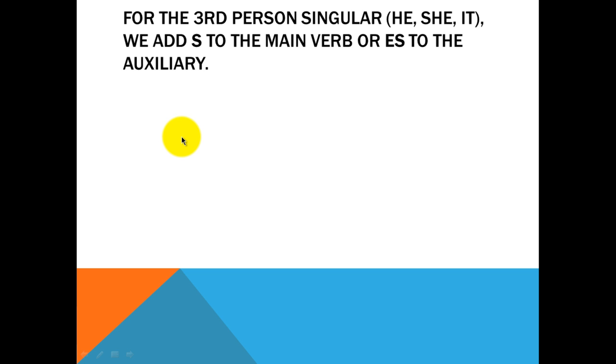For the third person singular, he, she, it, we add s to the main verb or es to the auxiliary. So let's look at some rules. A, we're going to add s for most verbs. So work becomes works, buy becomes buys, ride rides, return returns.